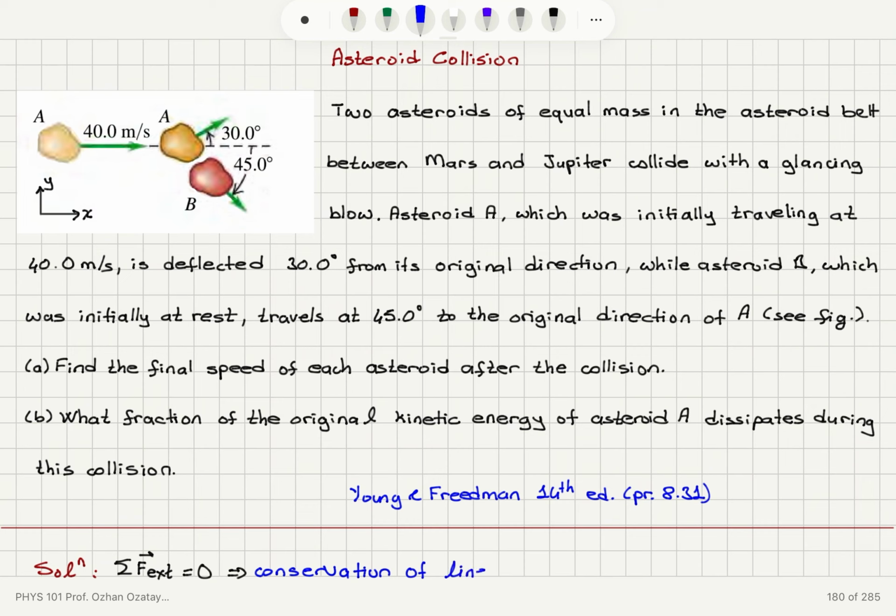So the total linear momentum of the system must be a constant. So I can write it two ways. Delta P total is 0, or I can say that the total linear momentum is a constant in this process.